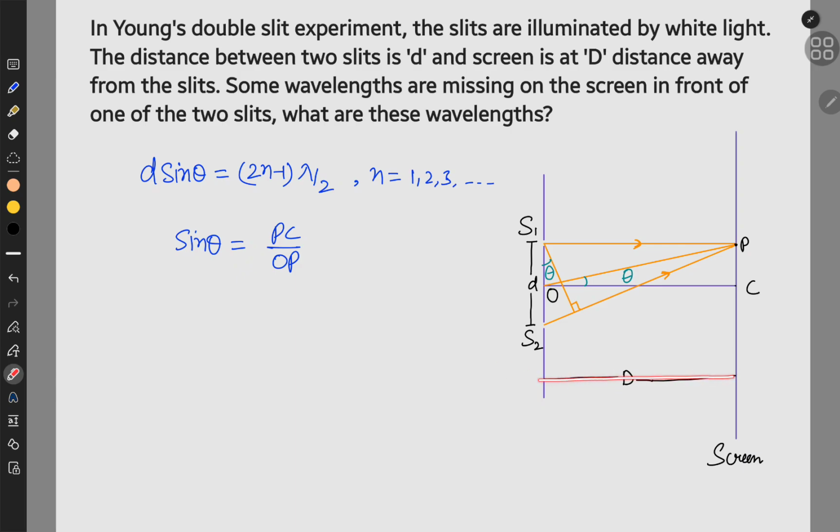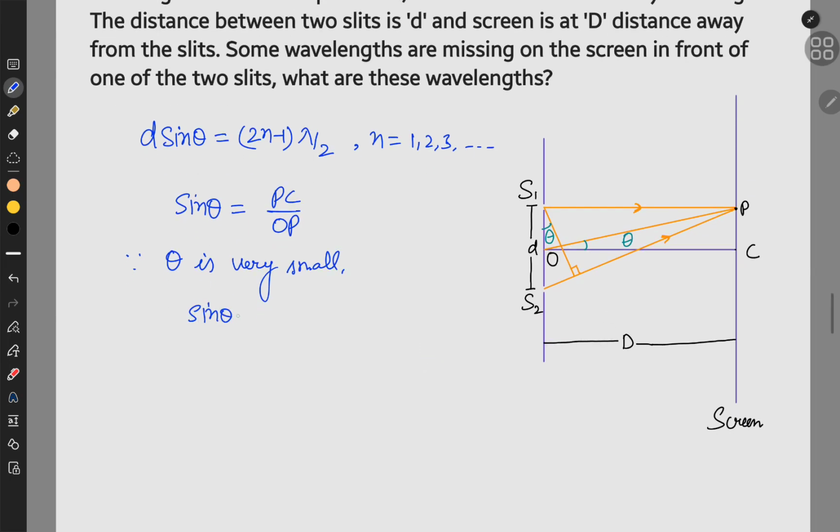So this will be D. So under the assumption that theta is very small, sine theta can be PC upon this D.